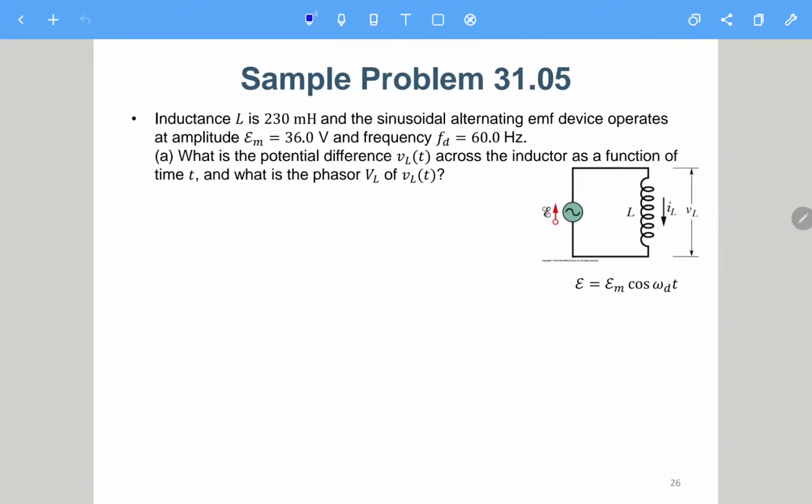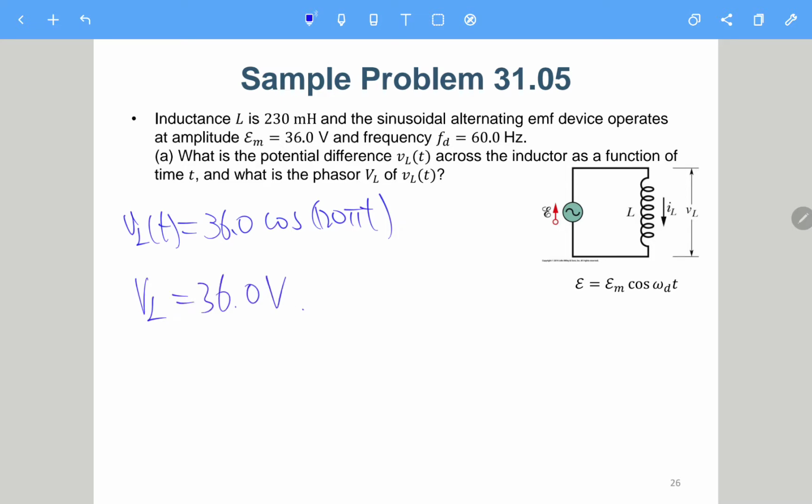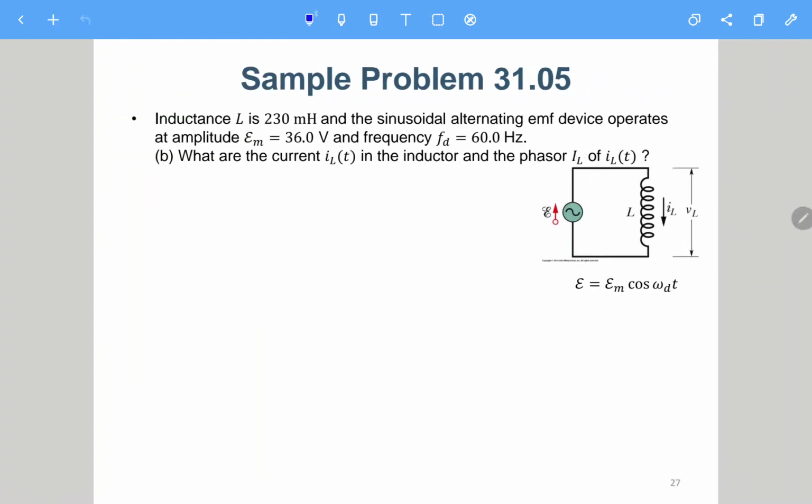Okay, so let's take a look at another one for the inductor. So for part A, which is still the same, VL of t equals 36.0 cosine 120 pi t, and then VL is 36.0 volt, so nothing special. And then we can just come to part B. For part B, we can make use of VL equals IL times ZL.